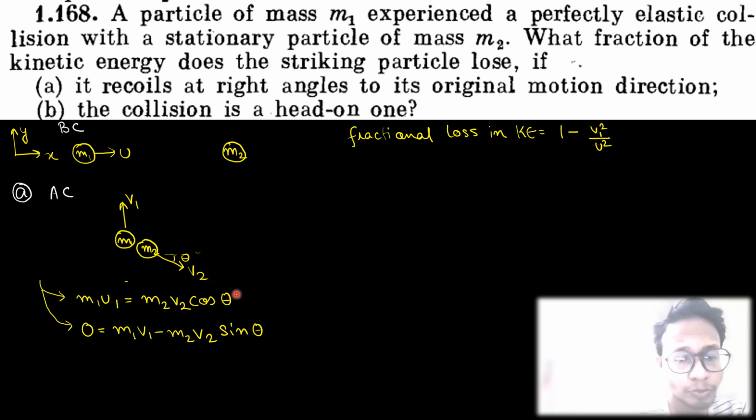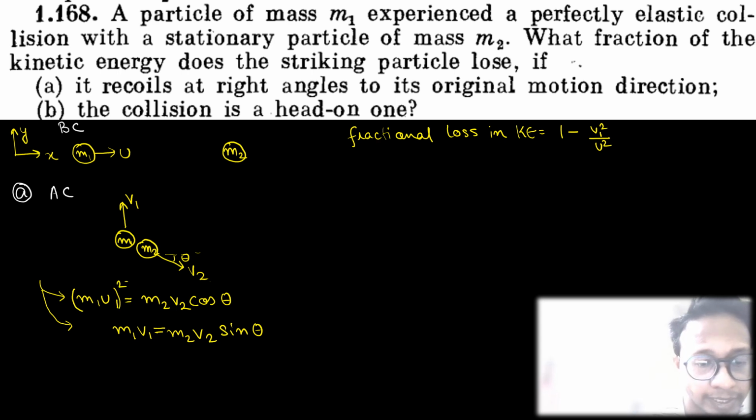See, there are basically two equations I obtained. This was the x component and this was the y component. If I take this minus m2 v2 sin theta to the left hand side, it becomes m1 v1 equals m2 v2 sin theta. I've simply taken the minus to the opposite side. Now can I square both terms?